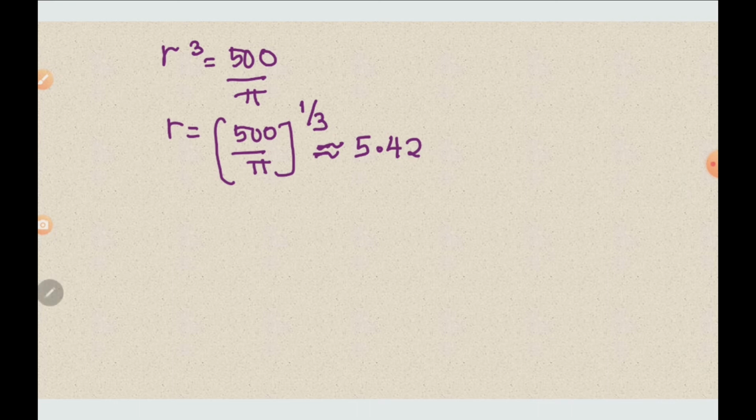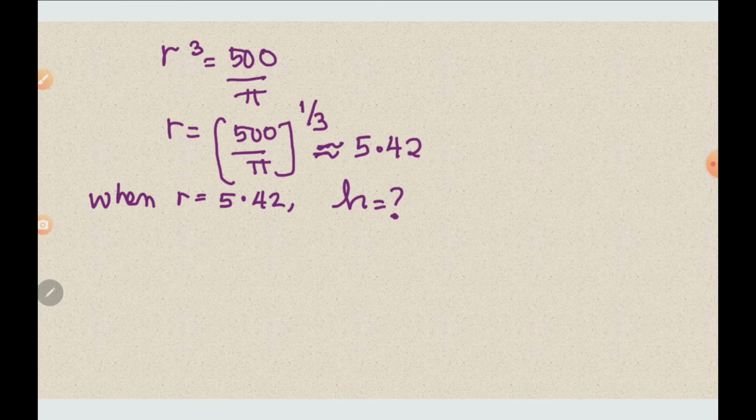When r equals 5.42, what is the value for h, the height of the cylinder? You need to find h. Then we will substitute r equals 5.42 into the equation of h.